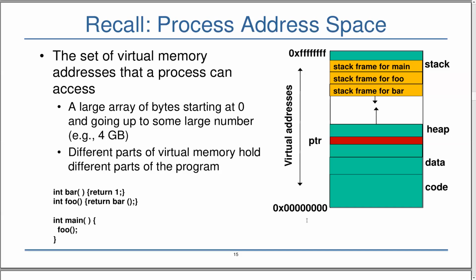You don't know in advance how large heap is going to get, how large heap is going to grow. Maybe initially it's just 1 megabyte, but later you want to use 1 gigabyte, 2 gigabytes, 4 gigabytes. And the same for stack. You don't know in advance how many functions you're going to call, how deep your stack is going to be. So it's good to put them on opposite sides.